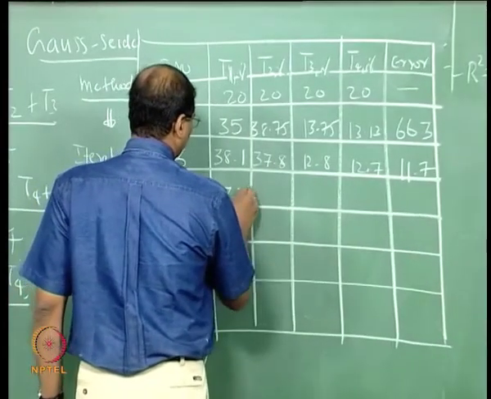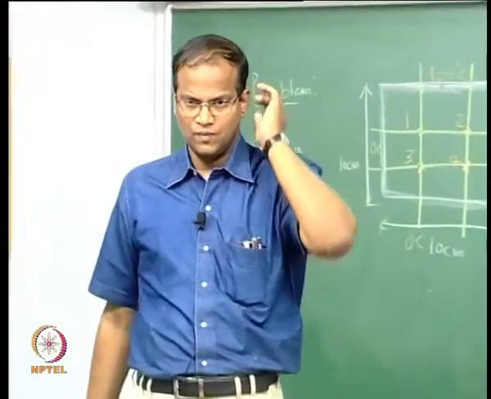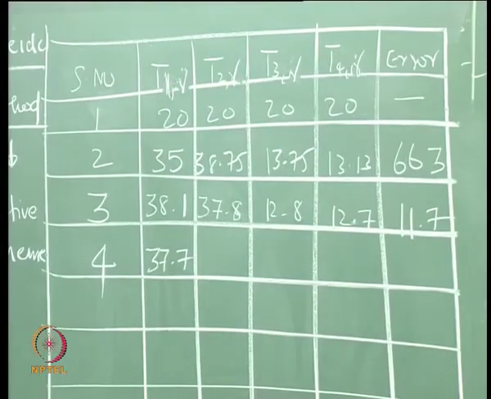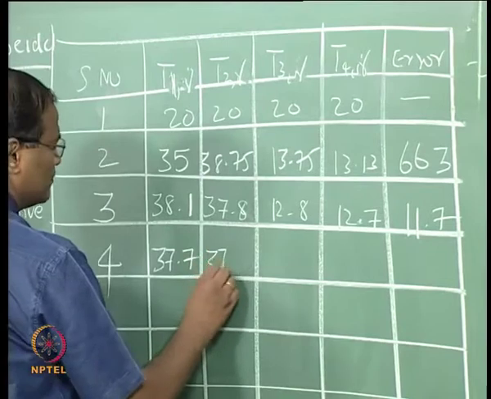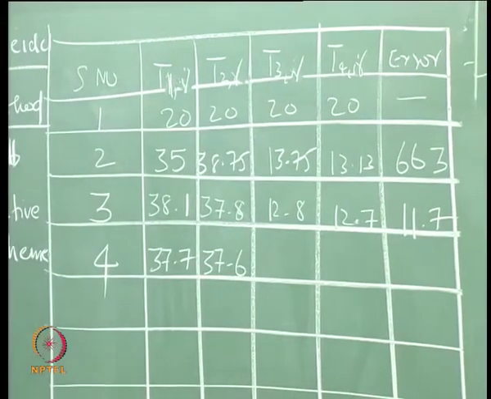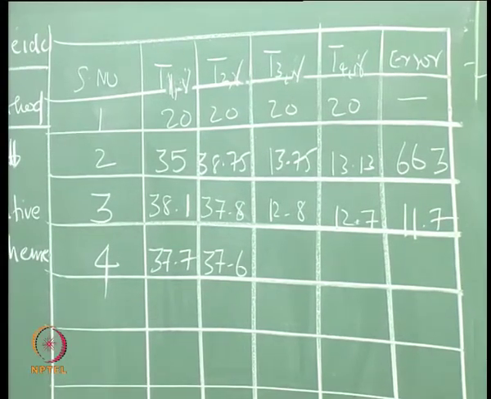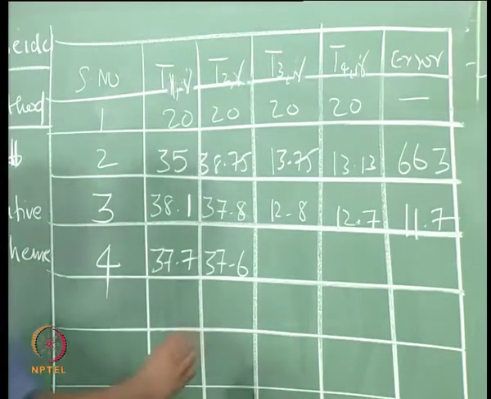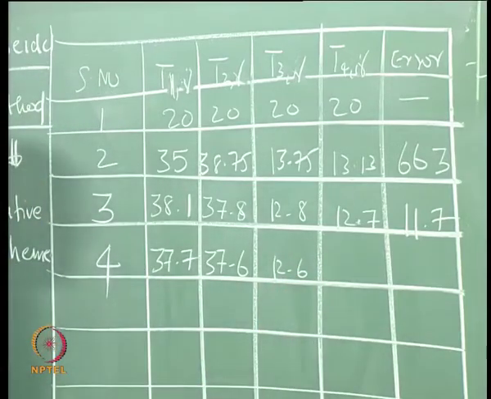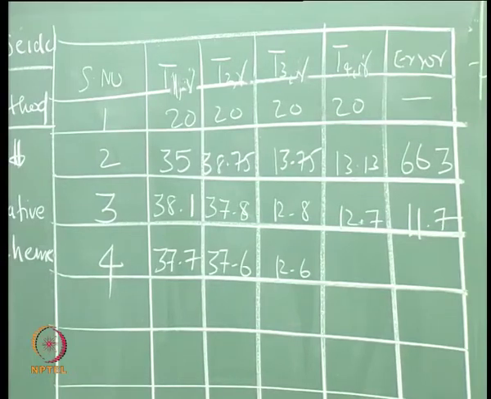37 point? Okay, I will make it 7 then. 37.6. 12.6. 12.55. 12.6.